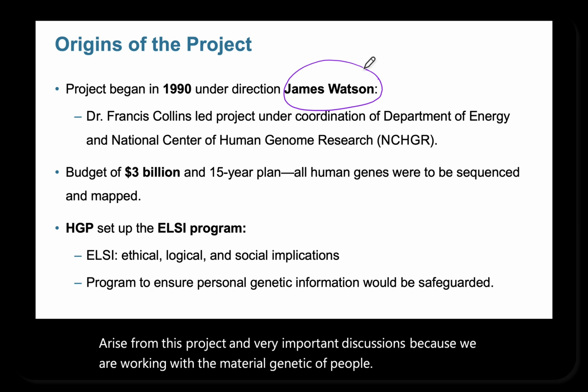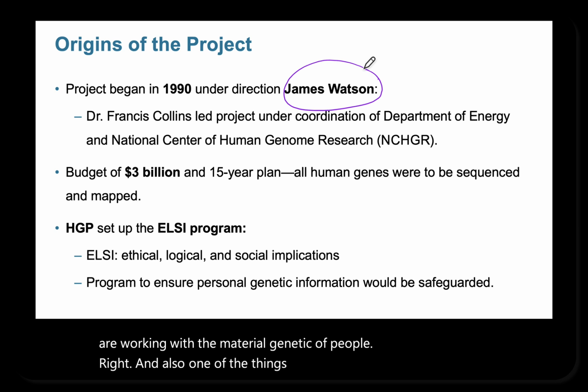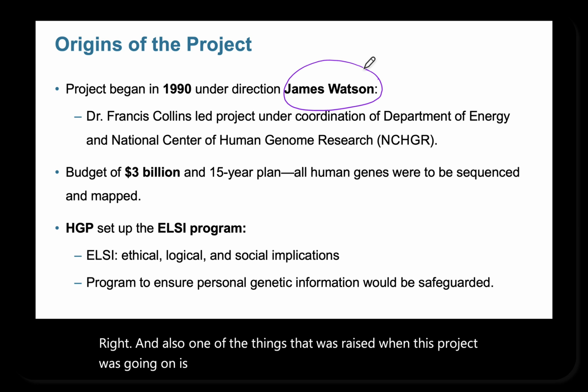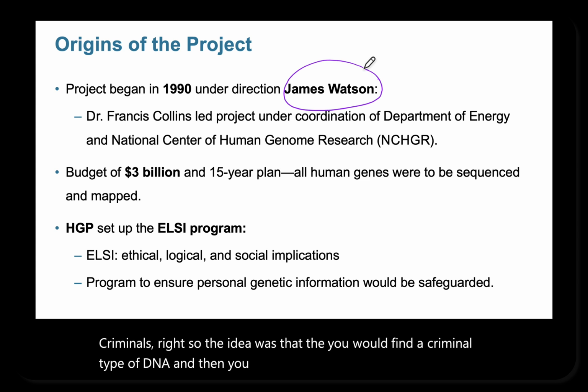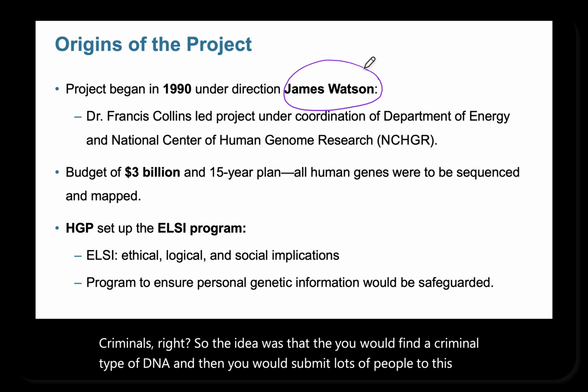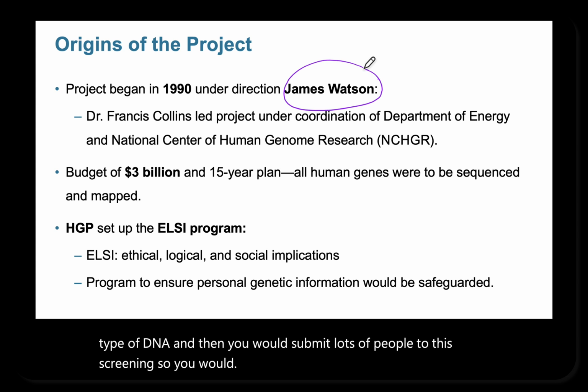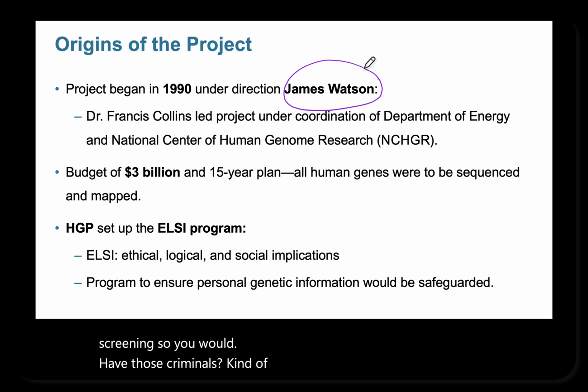And also one of the things that was raised when this project was going on is that try to find some sort of a fingerprint for criminals, right? So the idea was that you would find a criminal type of DNA, and then you would submit lots of people to this screening, so you would have those criminals kind of like removed from the society as well.